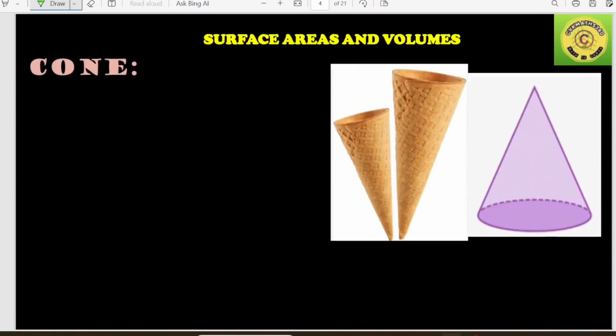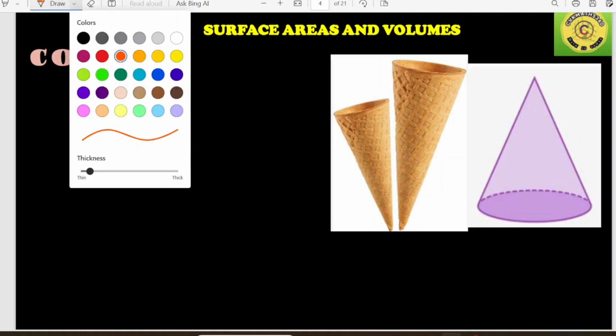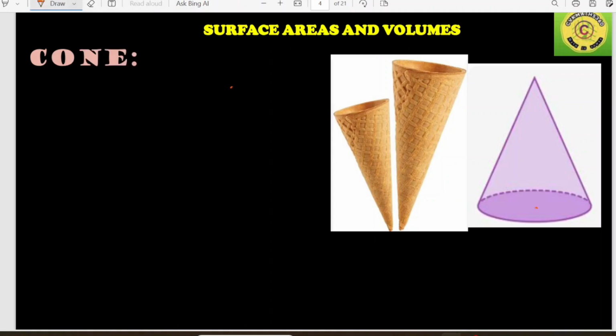Next, we'll move on to the cone. Here, this is the radius of the cone r, this is the height of the cone h, and this is the slant height l. Just observe this figure. OAB is a right triangle, correct?